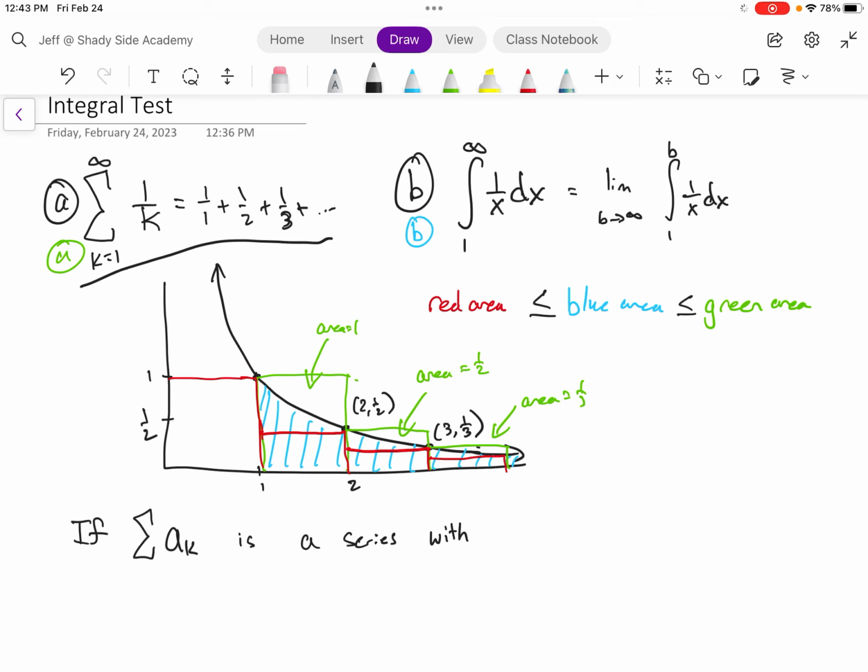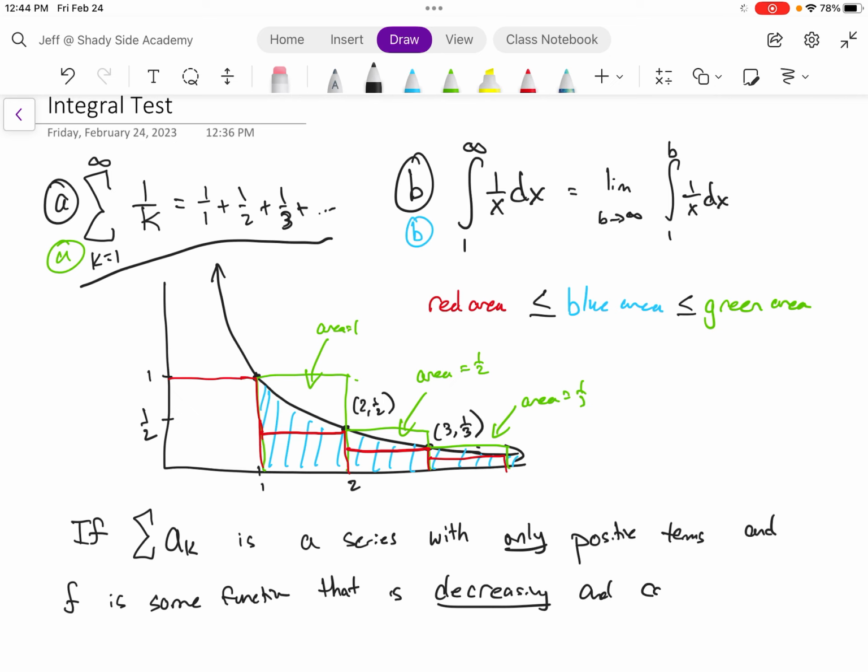Here, we're going to only deal with a series with only positive terms, and f is some function that is decreasing and continuous.